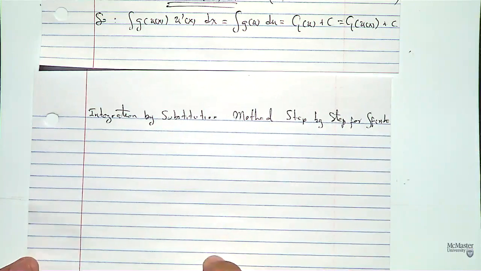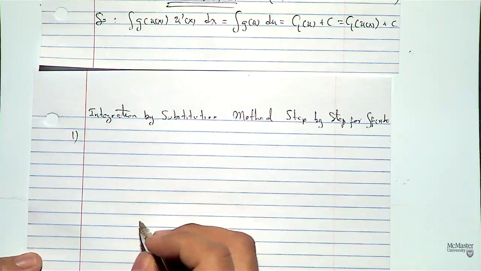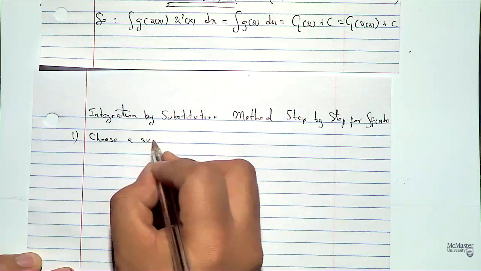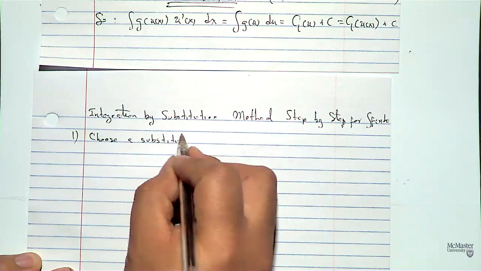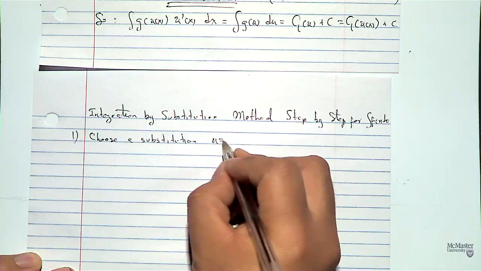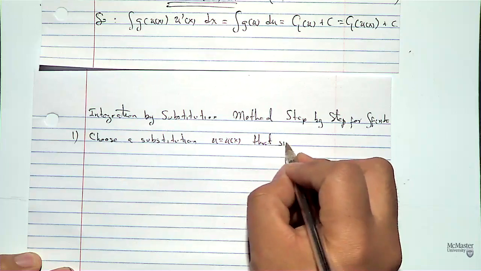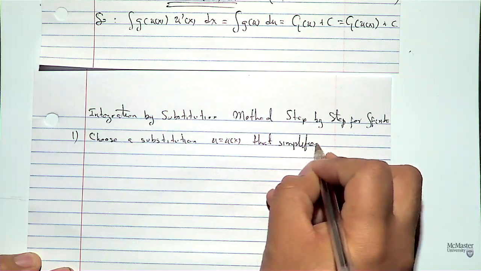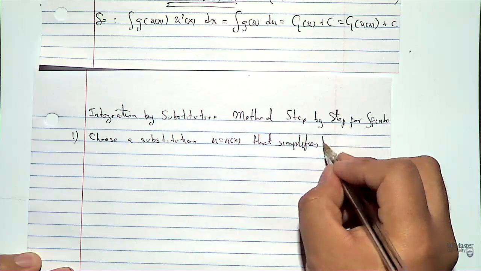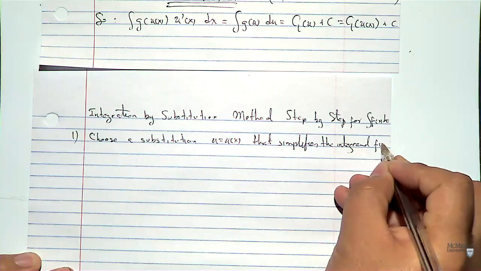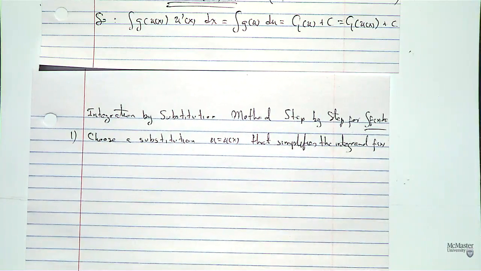Right? So step 1 is to choose a substitution u equal to u of x that simplifies the integrand f of x, which is the first thing that we did in a simple example.